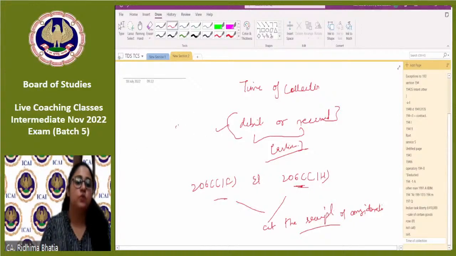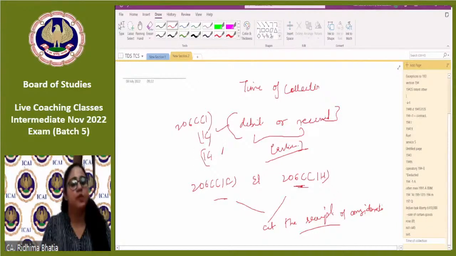Okay. So for 206C 1C and 1G, this time limit, and 1F and 1H के लिए this time limit. ठीक है? Clear? Now there are FAQs which you can study.